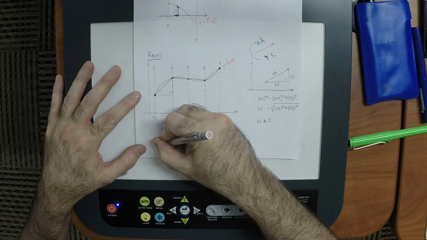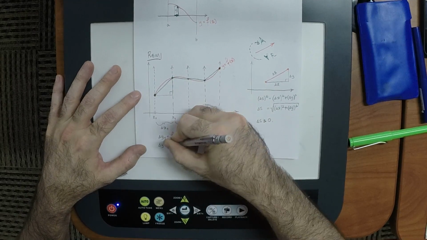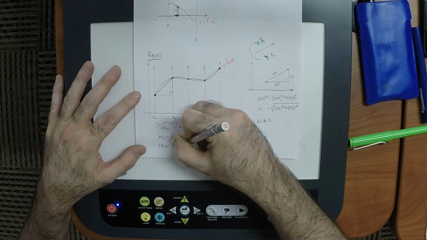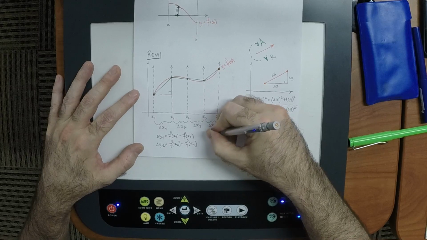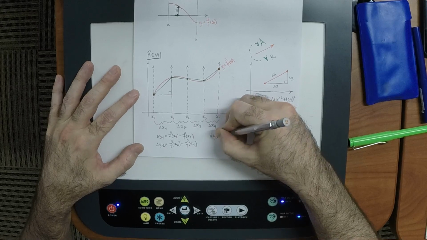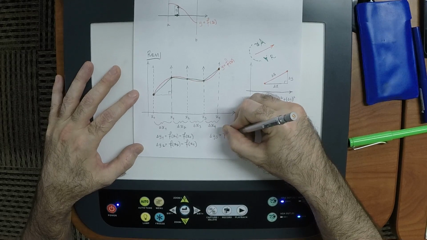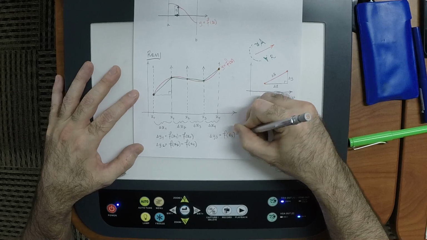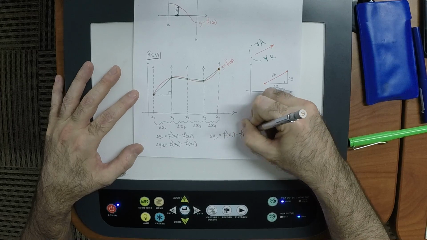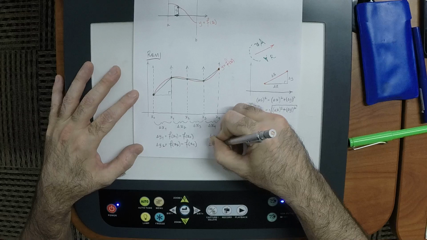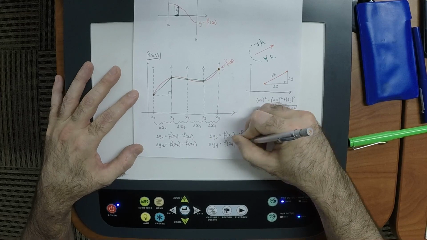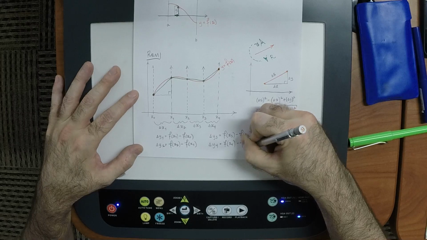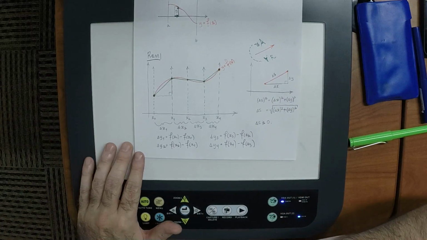Similarly, delta y2 is f at x2 minus f at x1. Delta y3 is f at x3 minus f at x2. And delta y4 is f at x4 minus f at x3. All right.